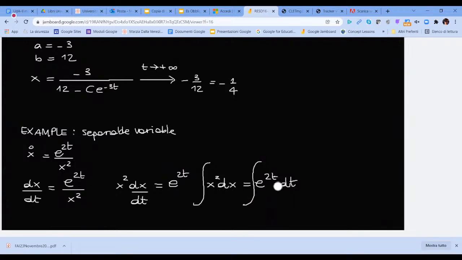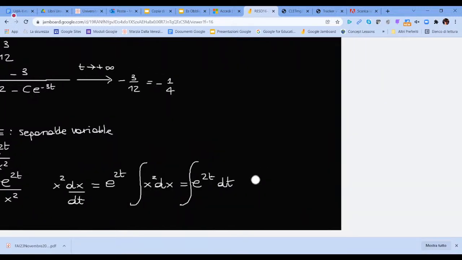And this is very simple because you can integrate x squared, and that will be x cubed divided by 3, plus c, and we can put plus c as a constant that summarizes both constants of integration, and e to the 2t divided by 2 is the primitive of this function, and then you have plus t.